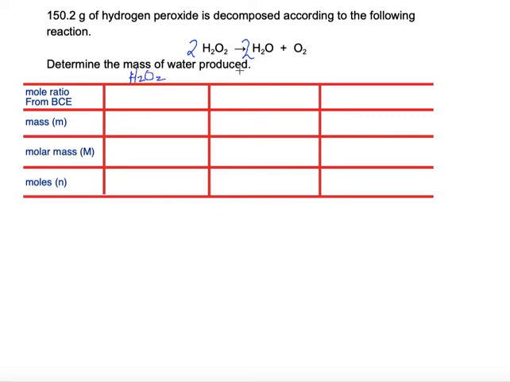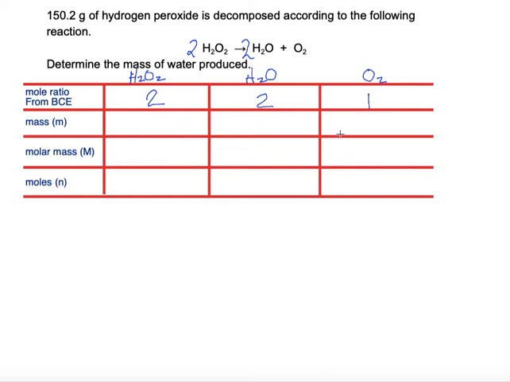This will be our column for the H2O, and this will be our O2 column. From our balanced chemical equation, the mole ratio is 2 to 2 to 1, based on that mole ratio that we see.